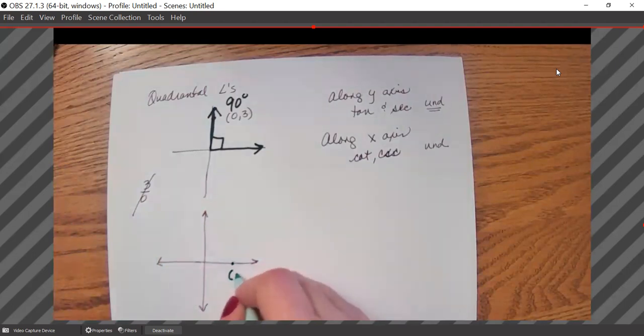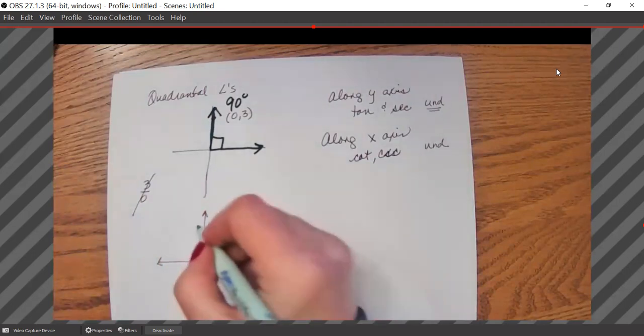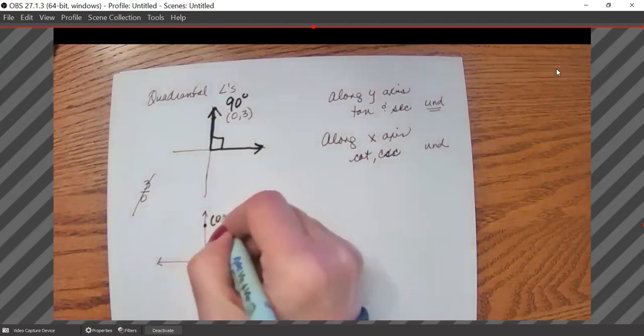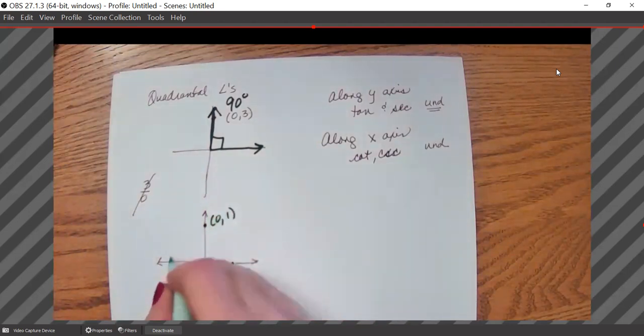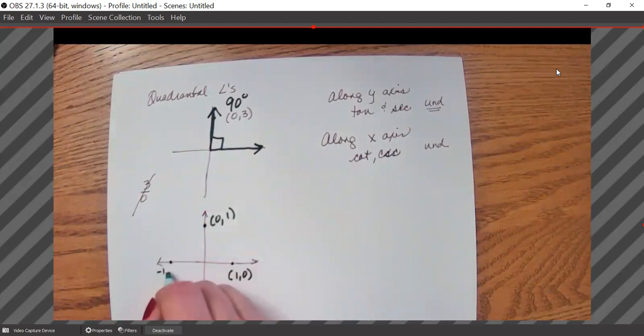But this is the point, x is 1, y is 0. This is the point, x is 0, y is 1. This is the point, x is negative 1, y is 0. And this is the point, x is 0, y is negative 1.